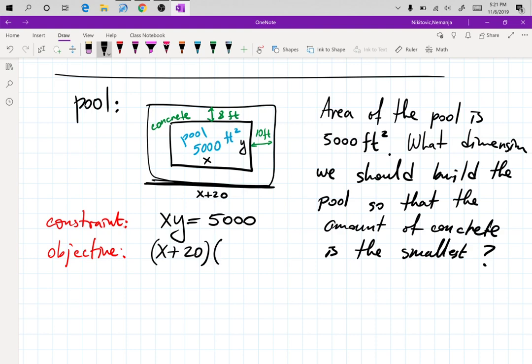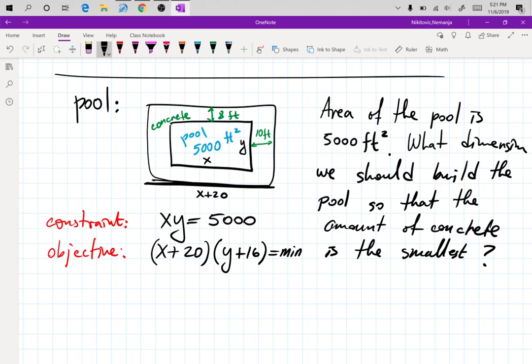That needs to be multiplied by Y plus 16 and we're looking for that to be the minimum, because again, you want to minimize the area of the whole thing. Now the pool is always 5,000 square feet, so by minimizing the surrounding area with the pool fixed at 5,000, you are actually minimizing just the concrete.